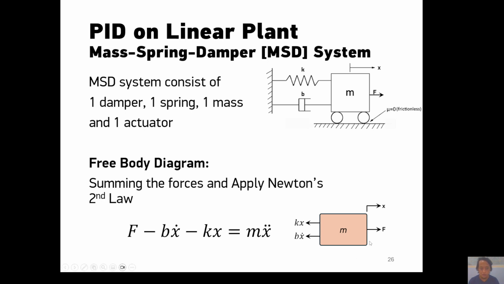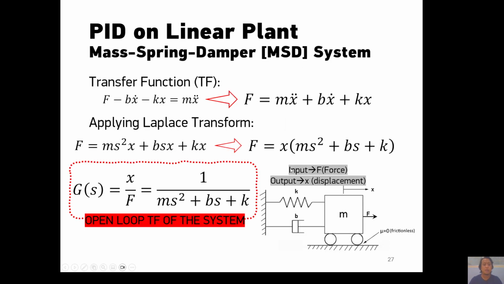So the force in that direction is F, minus this and this, equals the mass times acceleration.